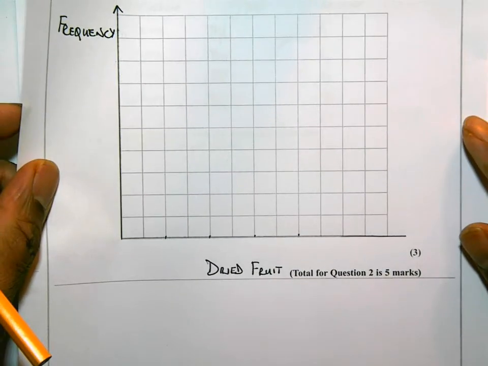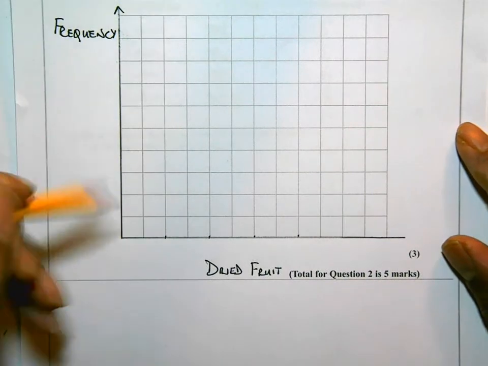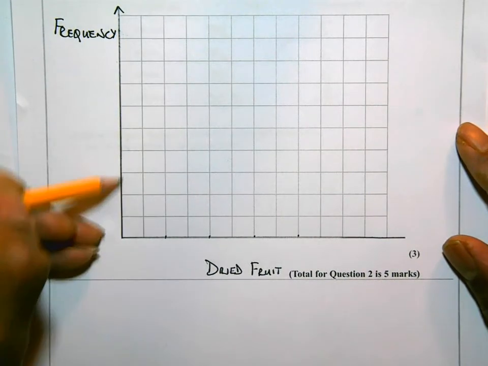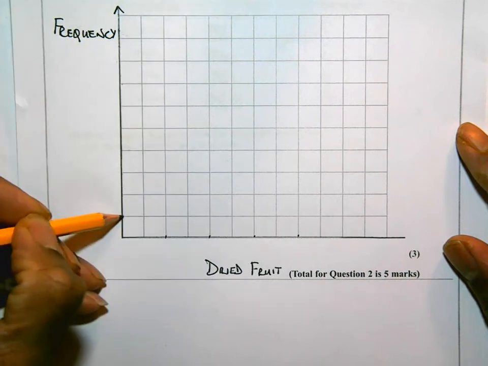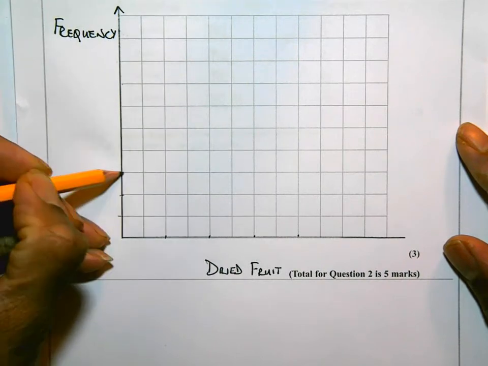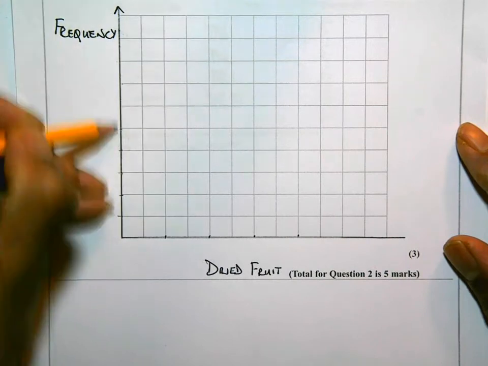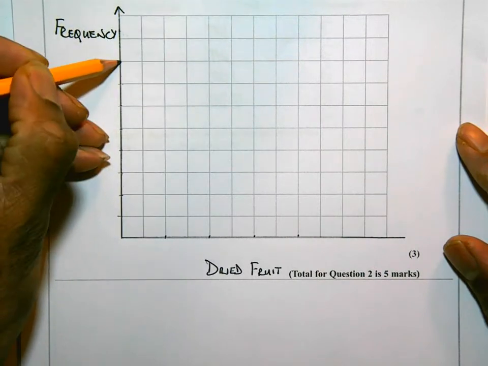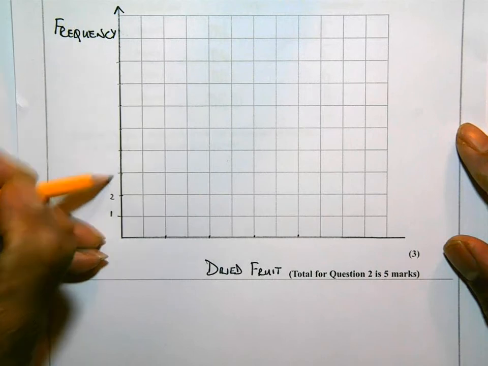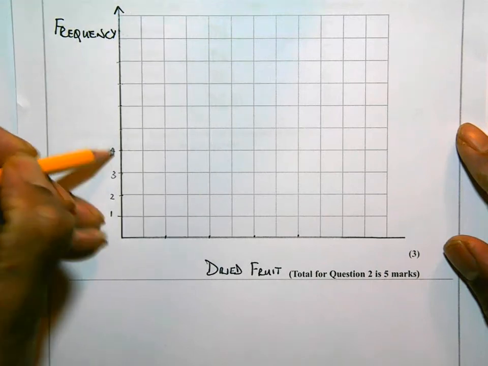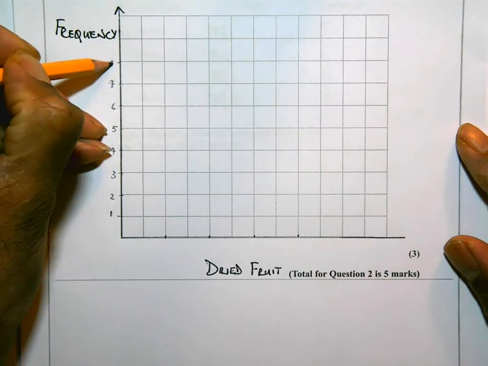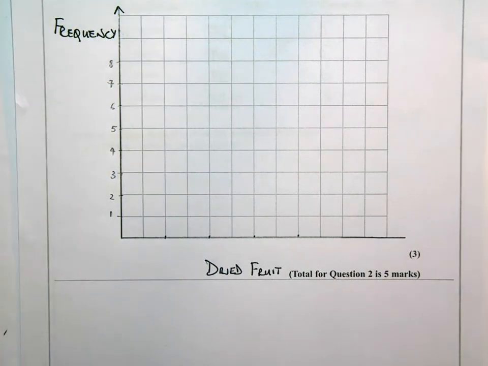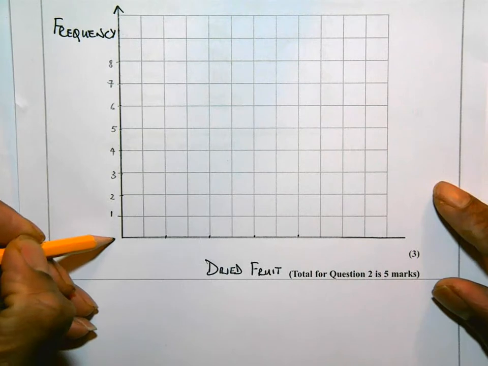Let's just count that first. 1, 2, 3, 4, 5, 6, 7, 8. Yep, there's enough room. I'll write the numbers in. Okay, I should have done that with pen. I'll put 0 at the bottom.